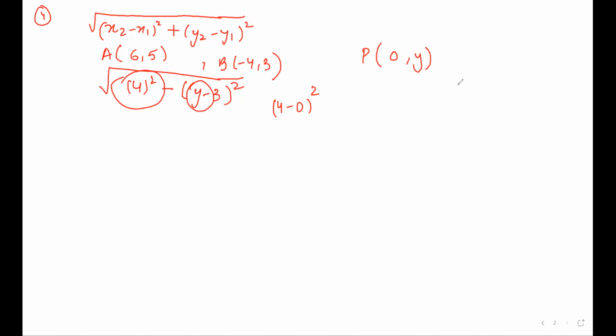Now come to the fifth question. You are finding AB square is equal to 25, but you were supposed to find the side in the fifth question. Let me check. So this is the square of the side you are getting.